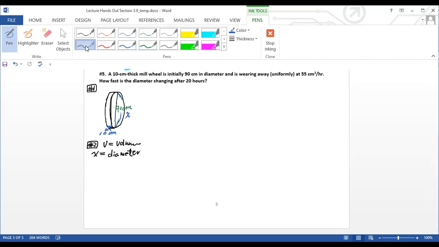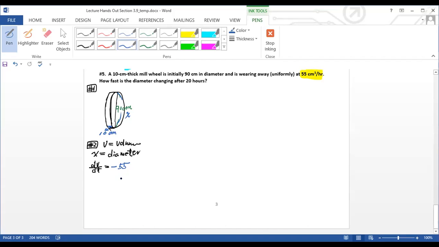And then the known thing here is that the mill is wearing away at 55 centimeter cube per hour. So what is given here? dV/dt here is 55 centimeter cube, that means it's negative 55.